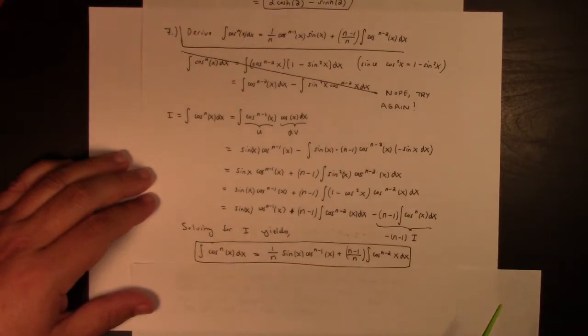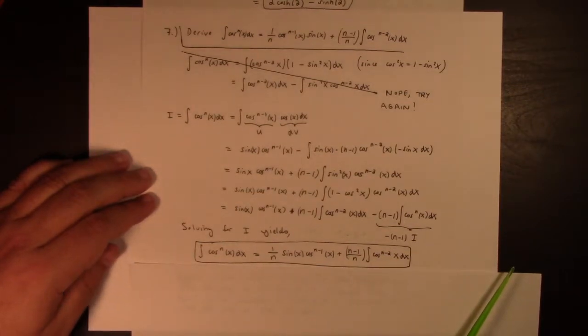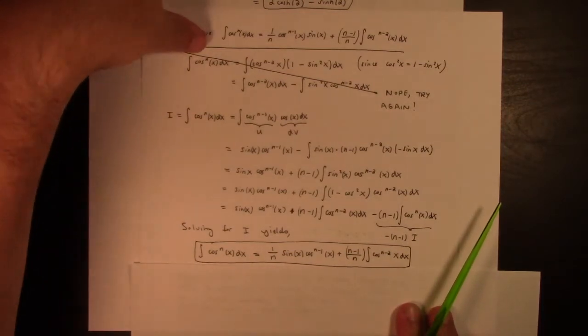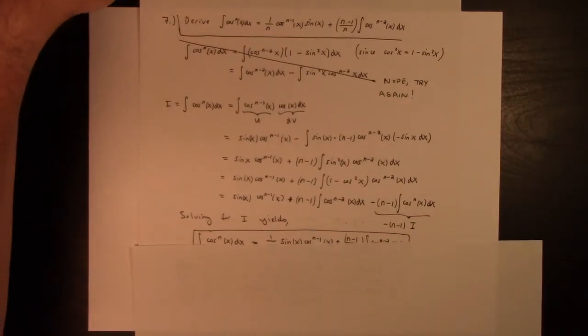And then I divide by n. So the integral of cosine to the n is 1 over n, sine of x, cosine n minus 1 of x, plus n minus 1 over n, that, which is what we claimed. Again, this last step is just algebra. Make sure you understand it.